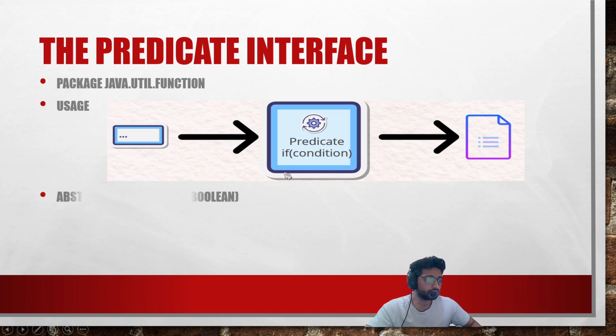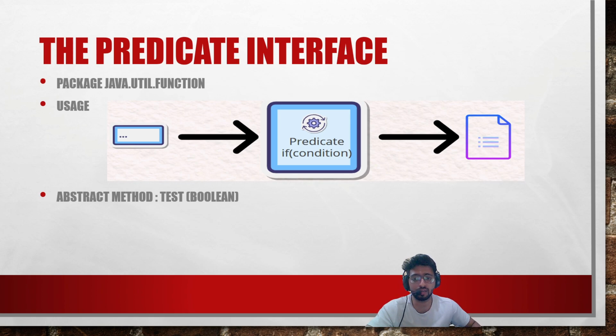All right, so it has one abstract method, which is test in this case. So test is the abstract method of Predicate. Note it down. I'm focusing on this because in interviews, the interviewer directly asks what is the abstract method of Predicate, or for which method you need to provide implementation.